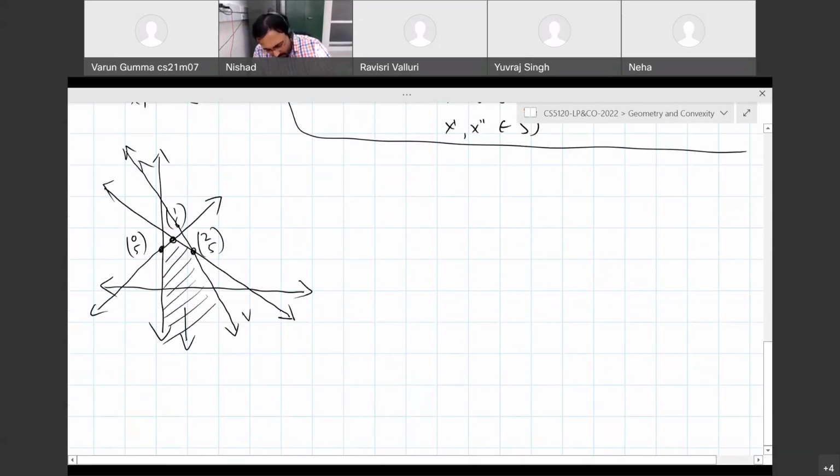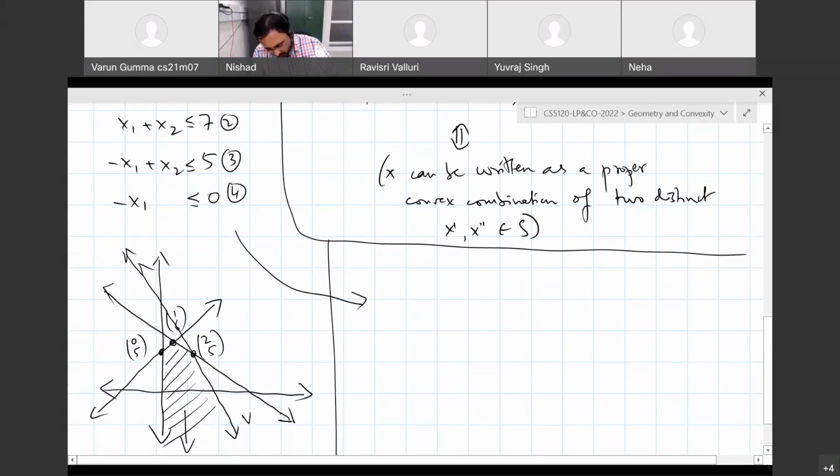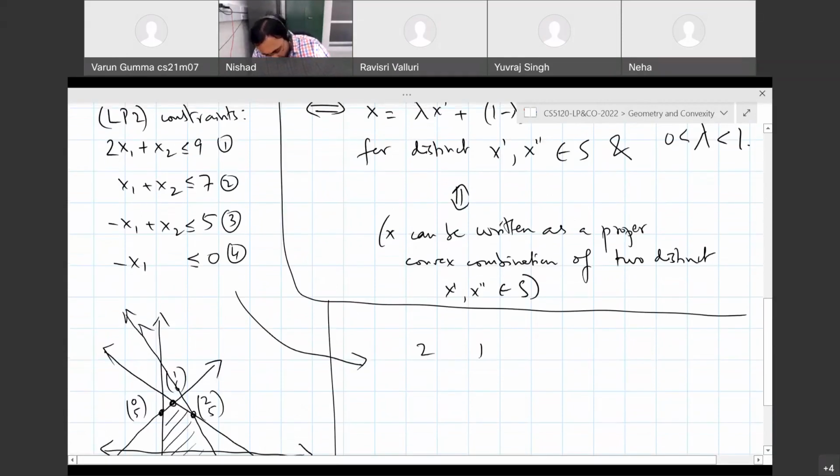So I would like to write down these constraints in a matrix vector format. Okay. So we are going to have 2, 1, 1, 1, minus 1, 1, and minus 1, 0. This is our matrix A. We have the column vector of variables x. I'll just write it down for the sake of completeness. Sorry, my bad. It's just 2 variables.